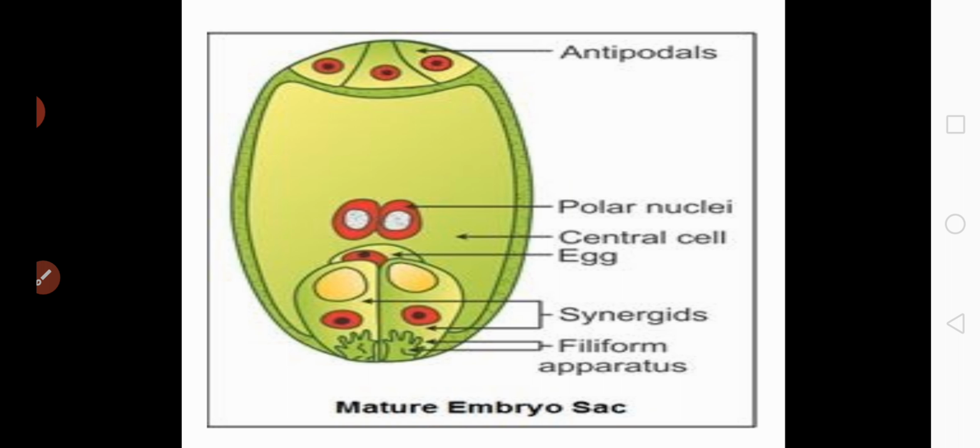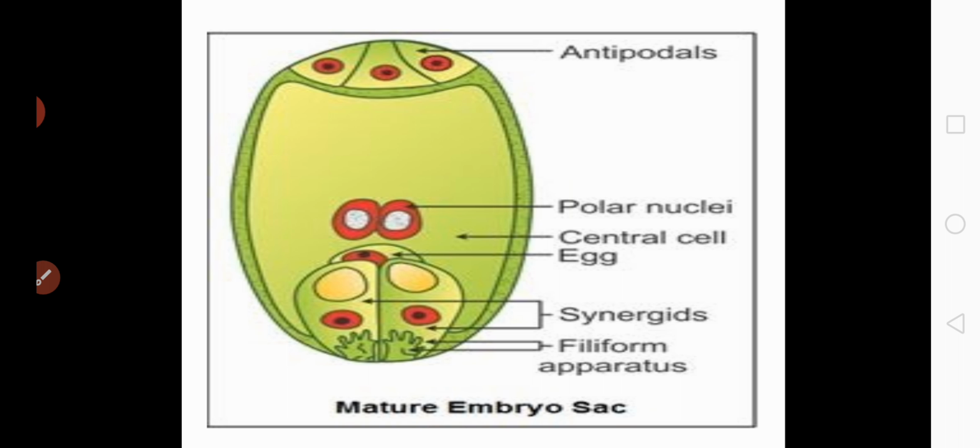So once again I will recall the points. At the time of development, there is no embryo sac within the nucellus. But later, any cell of the nucellus at the micropylar region enlarges in size and forms the megaspore mother cell.